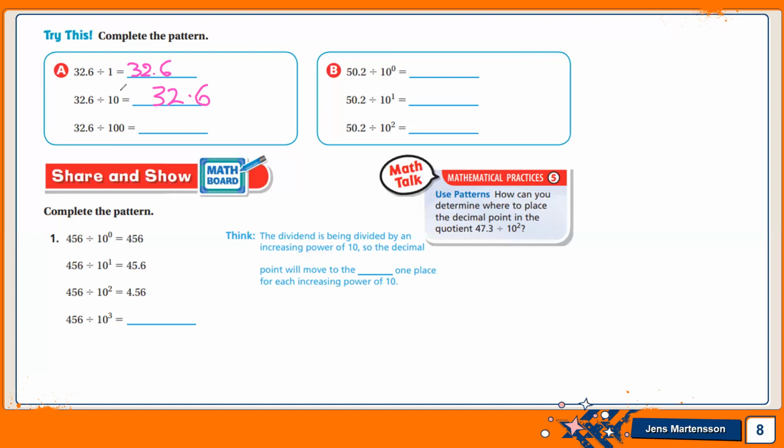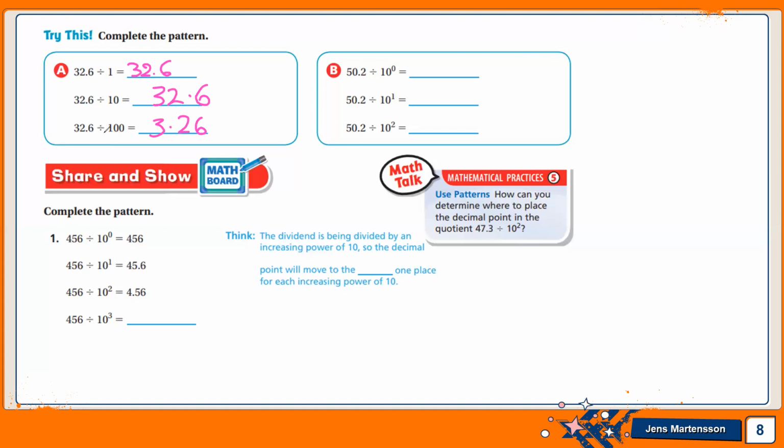Isra. Okay. Hala Bashar. Yes, Hala. 32.6 divided by 100. Bravo. So thank you, Hala.